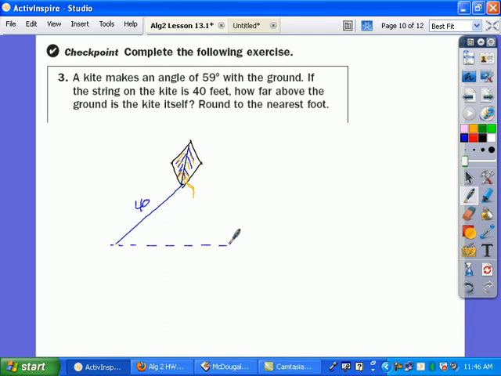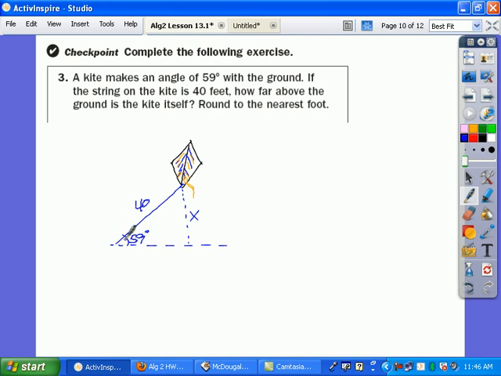Okay, so this is our x value. And again, the question we have to ask is, what trig function do I use? And the way that you can know the answer to that is, well, what side lengths do you have to use? So if this is my reference angle, 59 degrees down here, I know this side over here is my variable. It's my opposite side, x. This is my hypotenuse, 40.